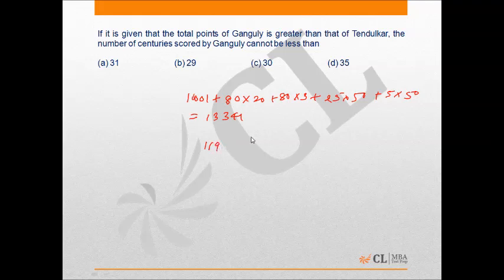And now coming to 5 wickets haul, as Ganguly has taken 50 wickets, the number of 5 wickets haul at max can be 10.